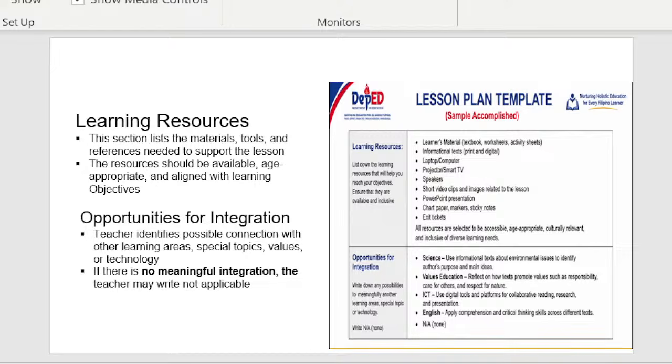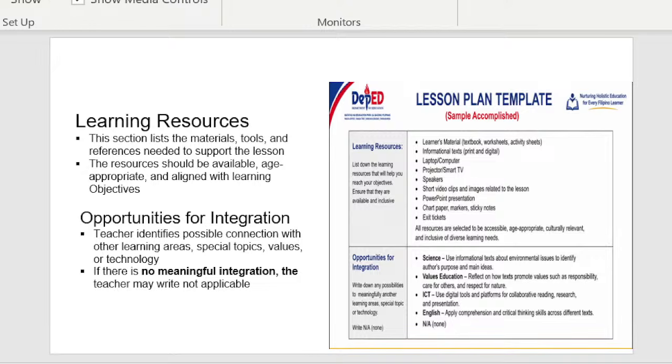And the opportunities for integration, this is where the teacher identifies the possible connections with other learning areas, special topics, values, or technology. If there is no meaningful integration, the teacher may write not applicable.